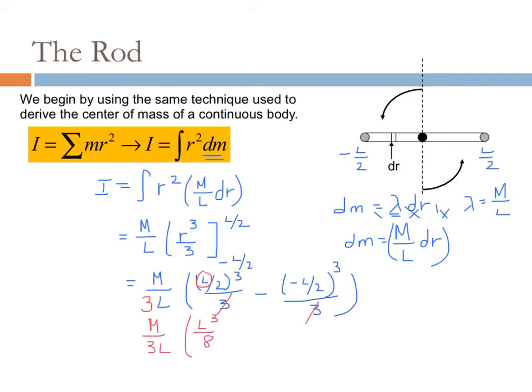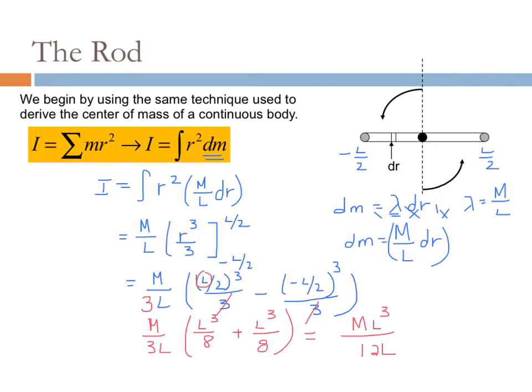The part over here becomes positive L cubed also over 8. And just to simplify this, this becomes ML cubed over 12.